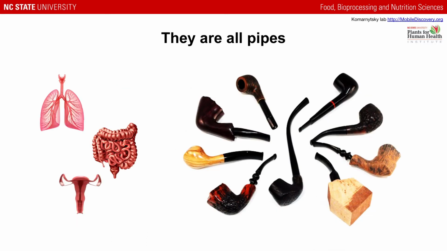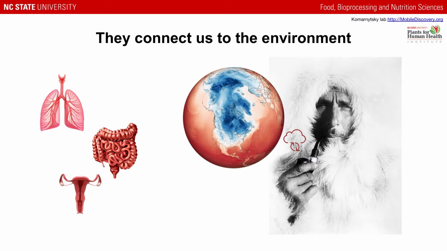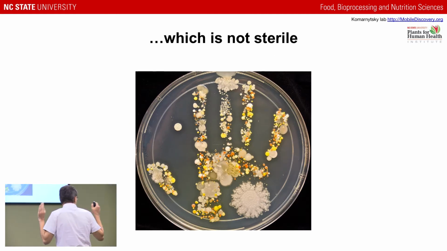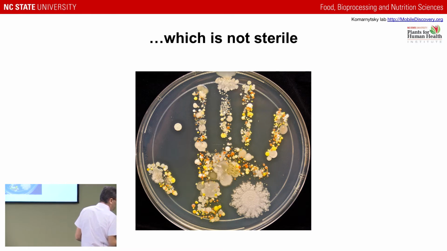That's what's common between those three tissues. All these three tissues are tubes. They are pipes. They are different pipes, placed in different parts of our body, but they serve exactly the same purpose. These are the pipes that connect us to the environment, okay? And this environment is not sterile. This is something that we always forget.